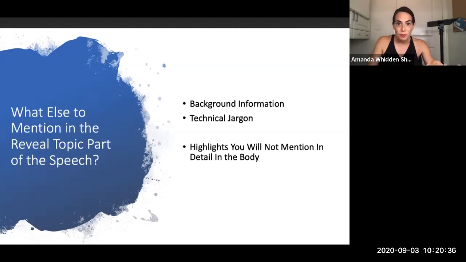The reveal background portion of the speech, I like to compare to my television shows. If you ever watch TV, which I do, there's always this little thing on previously on, and they give you a reminder of what it is. The previously ons, they do not, let's say on season 6 of 30 Rock, which I'm on right now, they don't say previously on 30 Rock and then go back through all 6 seasons of everything that's happened in order to get you there.